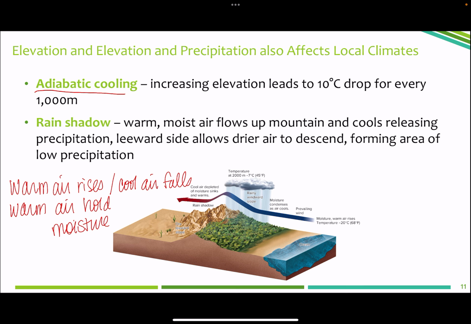So as moist air moves in from an ocean, think about, say, the California coastline, because we're going to come back to California in just a minute. California coastline, we get moist air that moves in from the coastline, and it is going to move inland from the ocean, and all along the coast of California, we've got mountains. This doesn't work just for California, but that warm air is going to hit the mountains and it's going to start to rise.